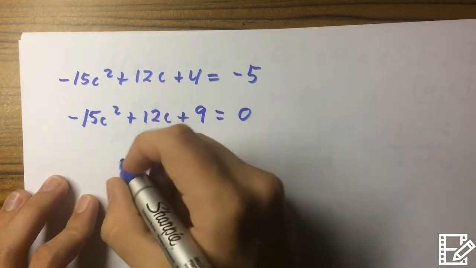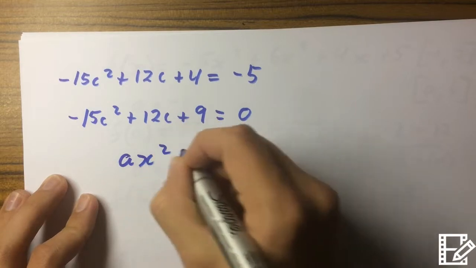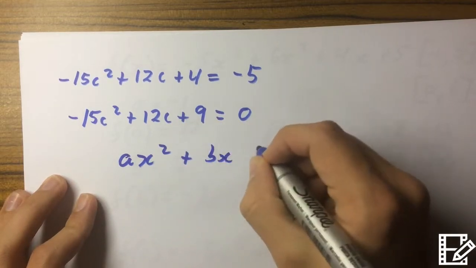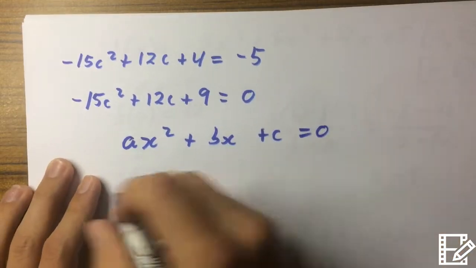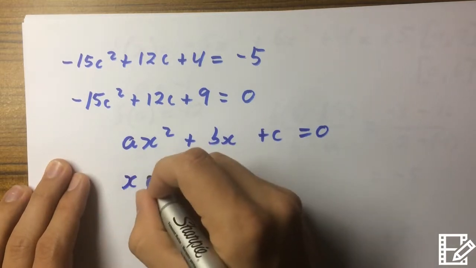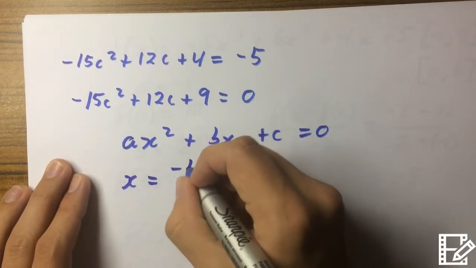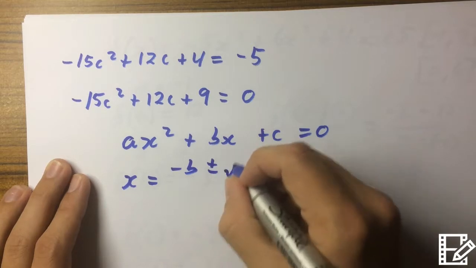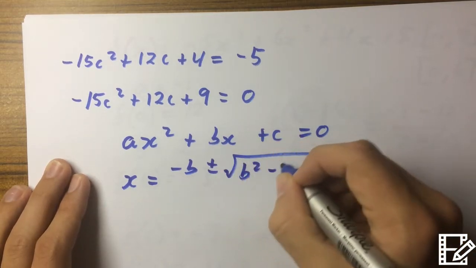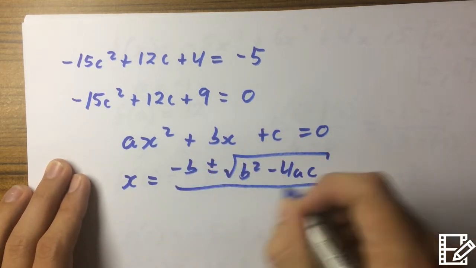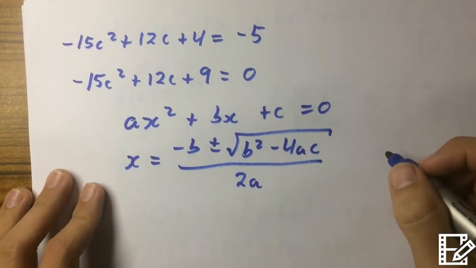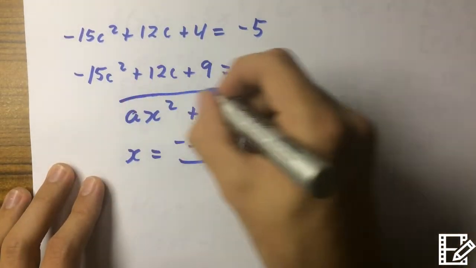If anyone's familiar with it, for ax squared plus bx plus c equals 0, x equals negative b plus or minus the square root of b squared minus 4ac, all over 2 multiplied by a. Okay, so this is what we're going to use.